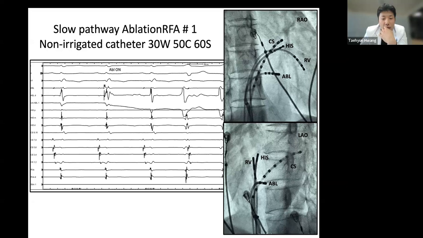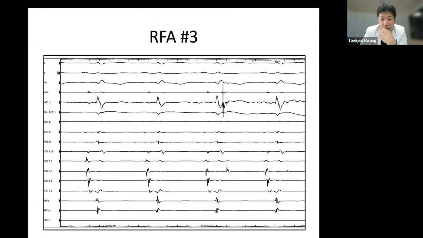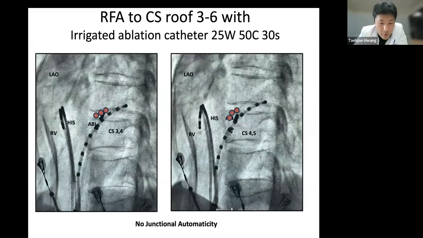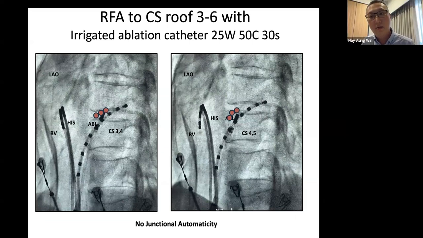Also you did the CS venogram and then additional ablation at the CS roof. Can you show us the ablation of the CS roof? Is there an electrogram?